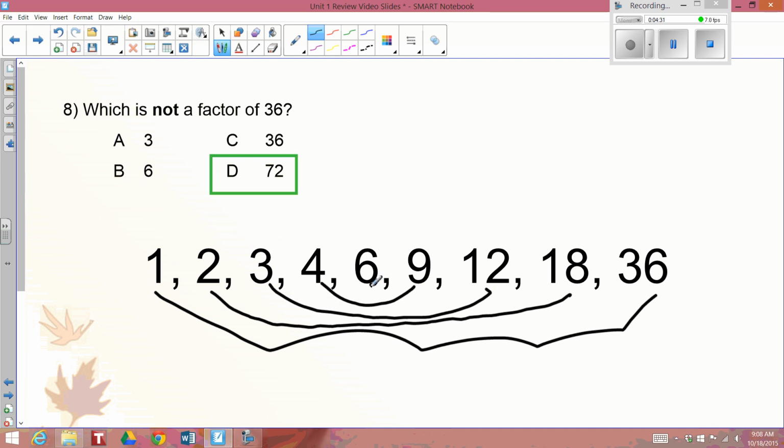I notice that 3 is a factor, so that's canceled out. 6 is a factor, that's canceled out. And 36 is a factor. 72 is larger than 36, so it can't possibly be a factor. No whole number times 72 will give me 36. So therefore, 72 is not a factor. It turns out 72 is actually a multiple.